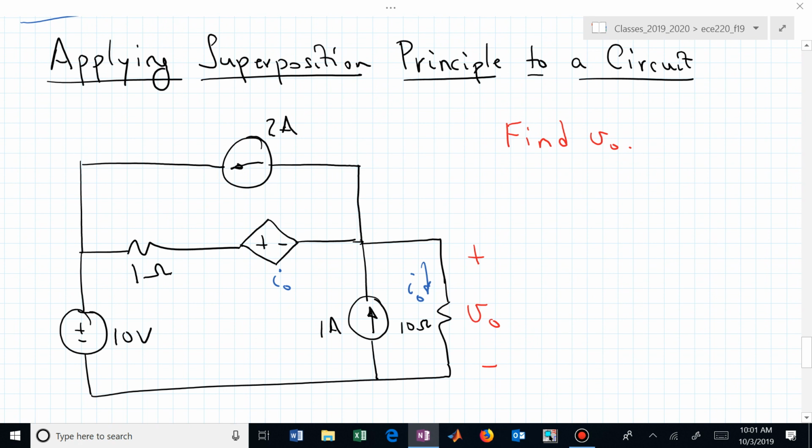And what are we trying to find? We're trying to find the voltage dropped across that 10 ohm resistor. And we do have a dependent source. It's kind of weird, but we have a dependent voltage source having a value equal to the current flowing through that 10 ohm resistor.